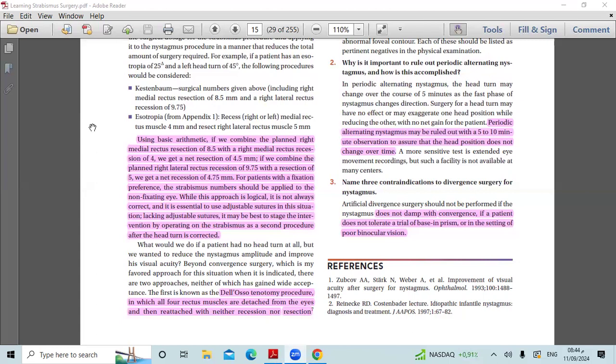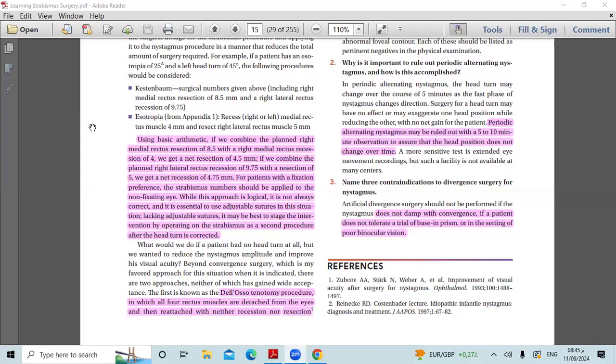Here we see some features of latent nystagmus. It doesn't appear unless you cover one eye. It's a jerk nystagmus; sometimes it's pendular, but in almost all cases it's jerk. The fast phase is toward the uncovered eye, so when you cover the right eye, the fast phase should be to the left.